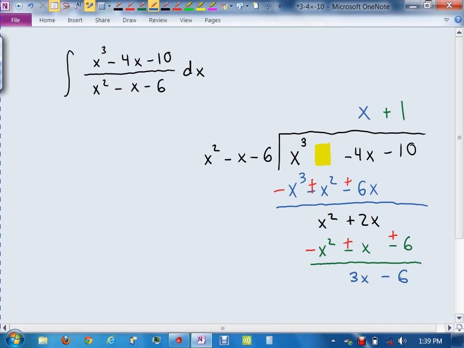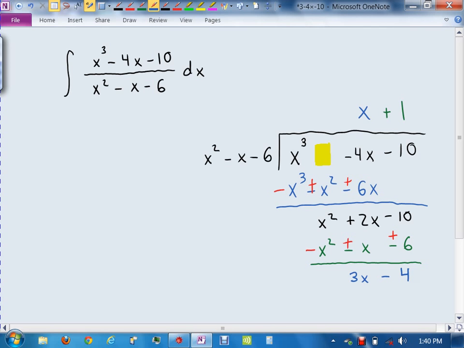But that should be, hold on. I forgot to bring my 10 down. What the heck? I forgot my 10. How many of you are okay with that up to that point? Yes?